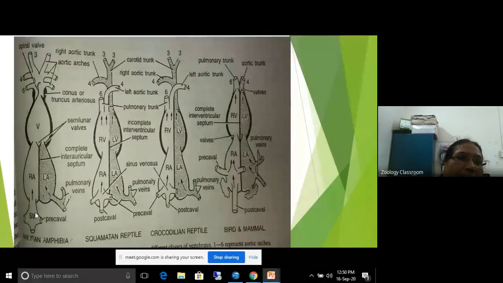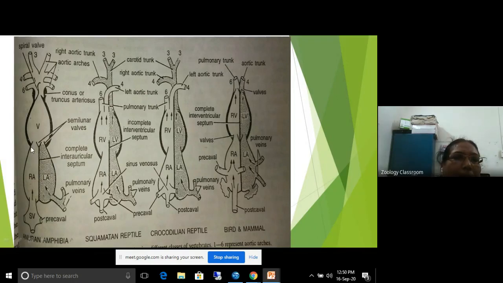The sinus venosus is formed by the precaval and postcaval veins, which open into the right auricle. Then on the left side the pulmonary vein opens into the left auricle, and there is complete separation of the auricles, a complete interauricular septum.